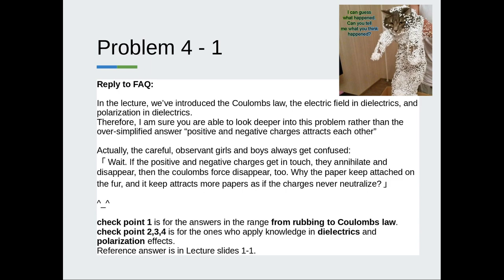Plus and minus annihilate and disappear. And then the charges disappear and Coulomb's force should disappear too. But apparently it's not disappearing. It's still there. Why does the paper keep attached to the fur?